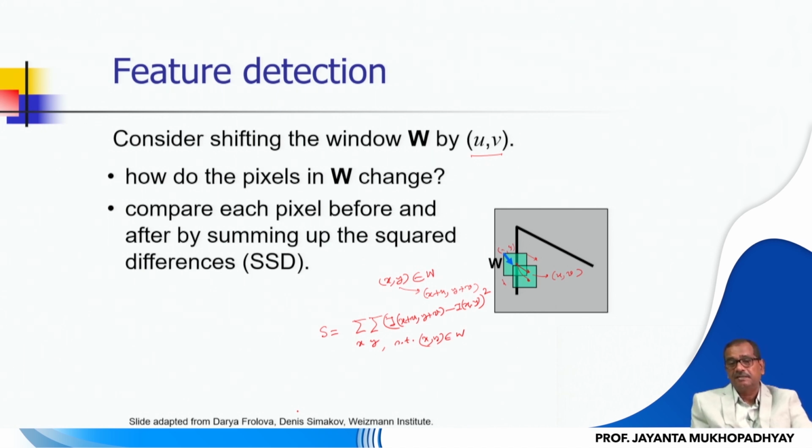I will take the square of the differences here. I could have taken the difference between sums of squares, but this is what I will do here.